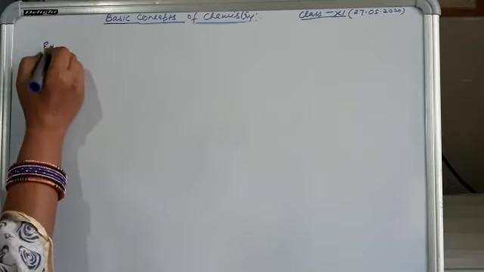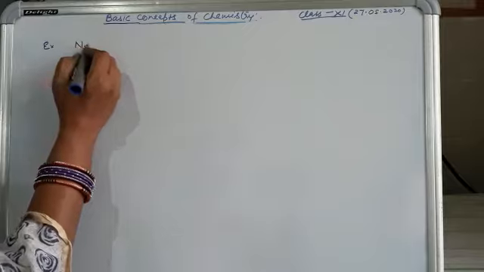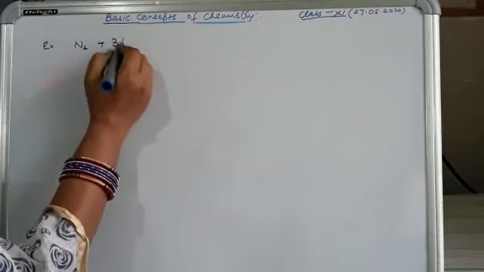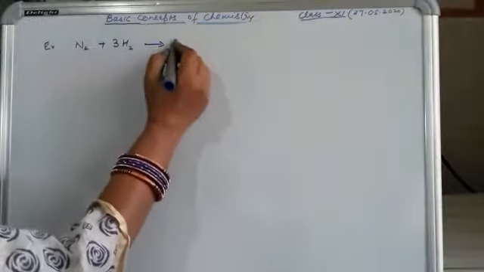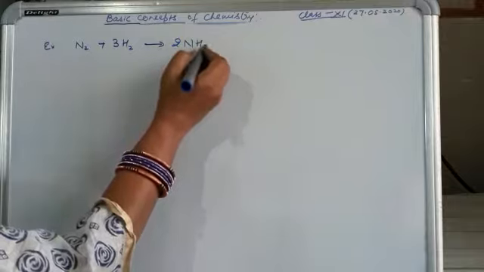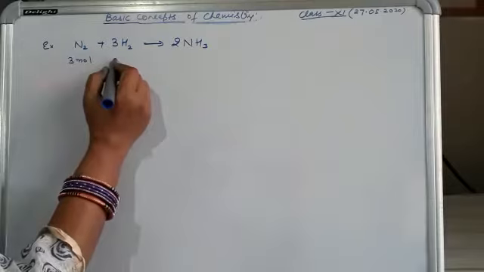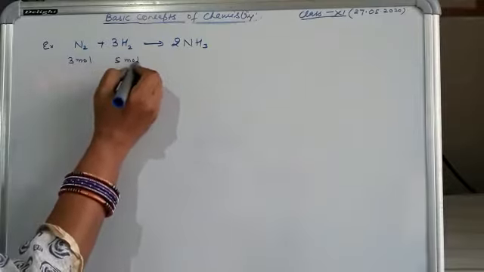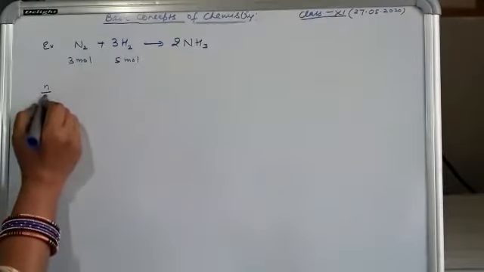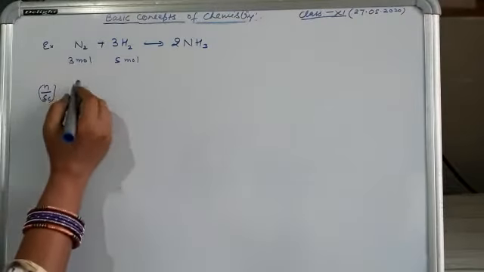Example, nitrogen reacts with hydrogen to form ammonia, 3 moles nitrogen and 5 moles hydrogen. So find out step 3, mole by stoichiometric coefficient.